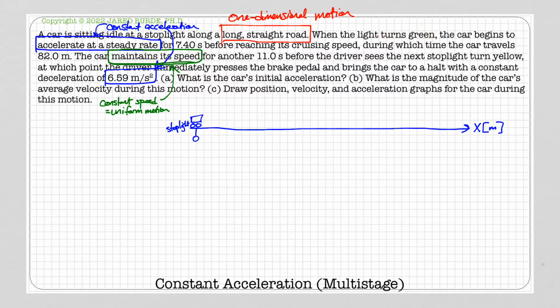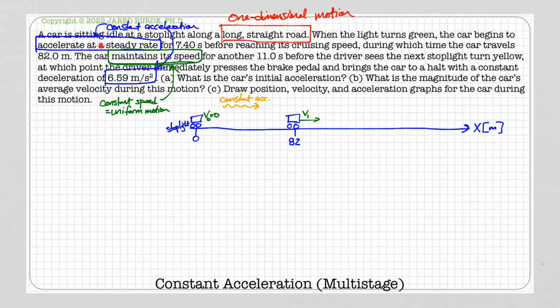When the light turns green, the car is going to accelerate. We have a constant acceleration there, and it reaches its cruising speed at 82 meters down the line. So we have a constant acceleration this whole interval. We don't know what it is, but we know that it's some fixed value. We know that our car begins at rest when it stopped at a stoplight, and it hits some speed that we don't know what it is, but we can find that.